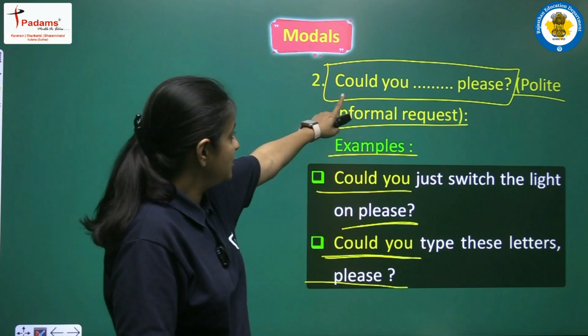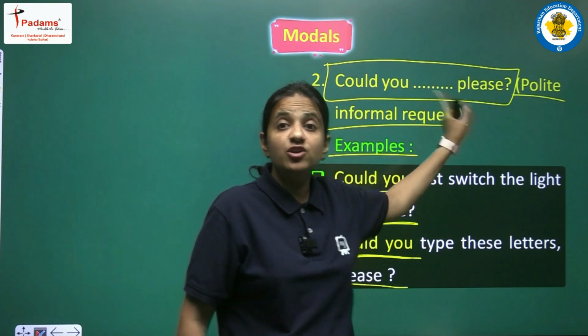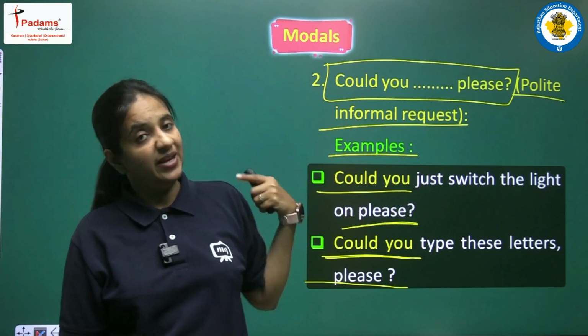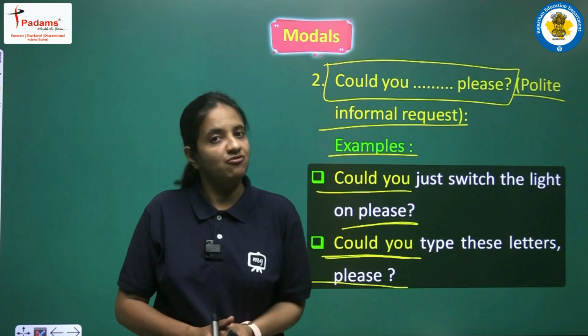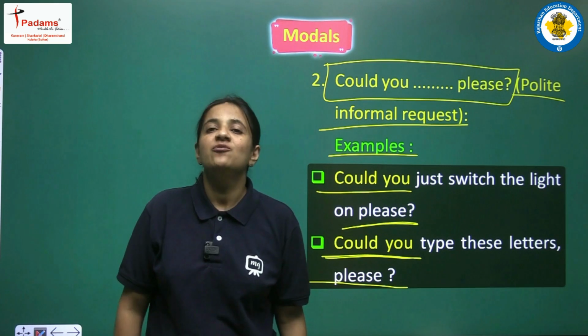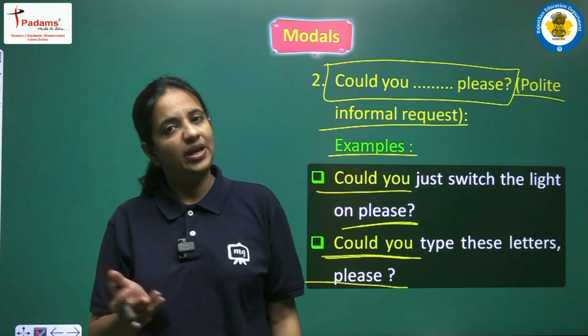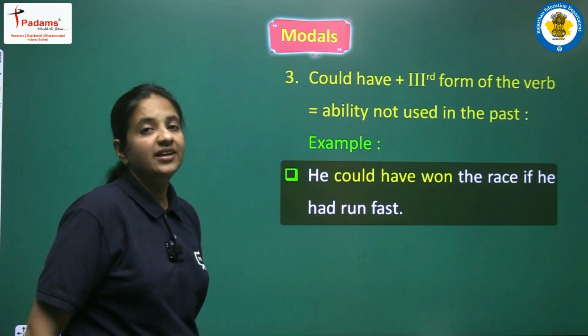So this is the structure in which we are having could you and please, and there should be one question mark, but actually the meaning of the sentence will be that we are making one very polite informal request. Alright, so yes, with the help of could, we can make a very polite request also.